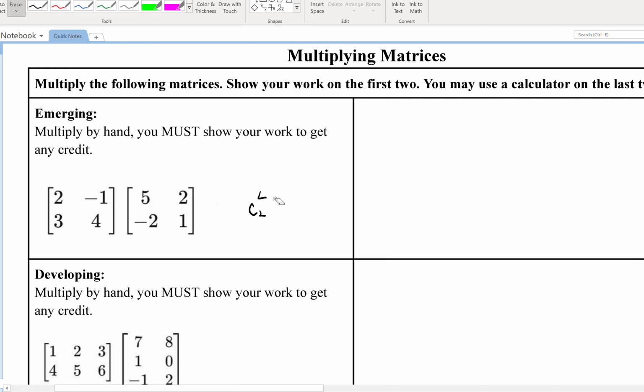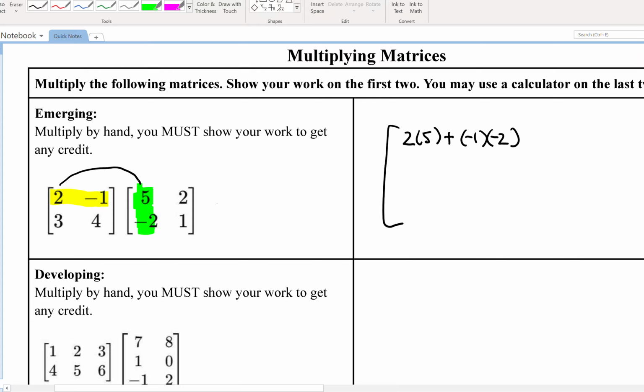So this being said, if I take this row, I'm going to multiply it by this column. I'll just show you here. The 2 gets multiplied by the 5, and I'm going to add that to the -1, which gets multiplied by the -2.